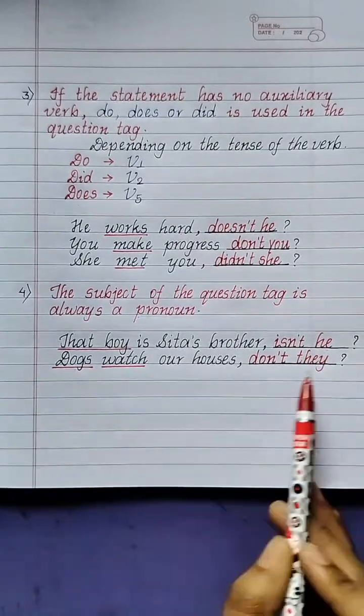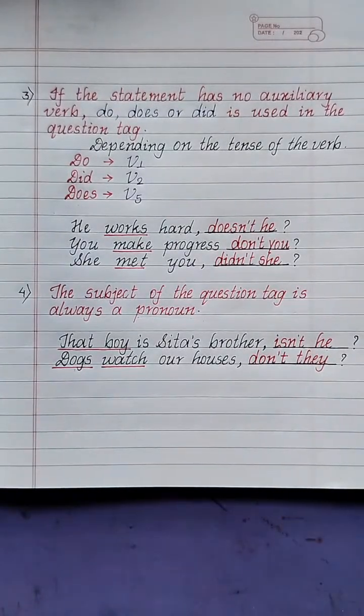Dogs, it is plural, that's why they. Yes, someone has commented, isn't he? Yes, your answer is totally correct. Very good. Okay, so let's move forward to the next one.